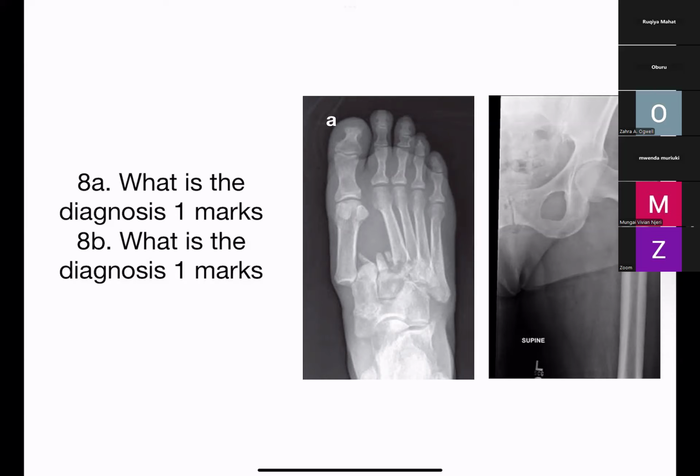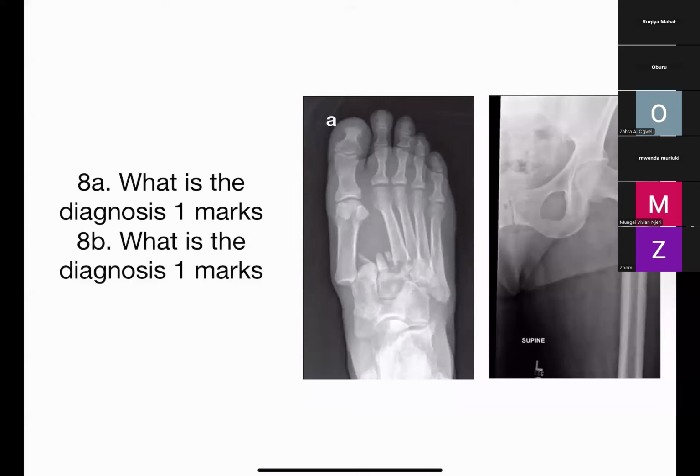It must be a crazy stress fracture. So you can see in A that the tarsal-metatarsal joint is completely gone. The tarsal-metatarsal joint is completely gone.